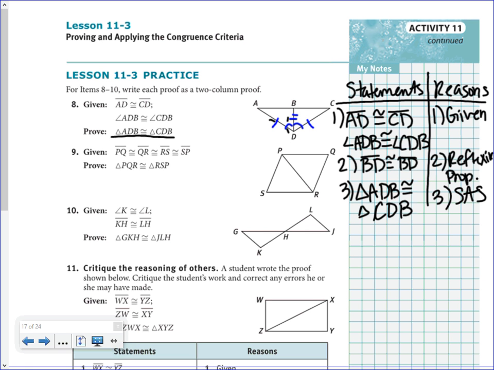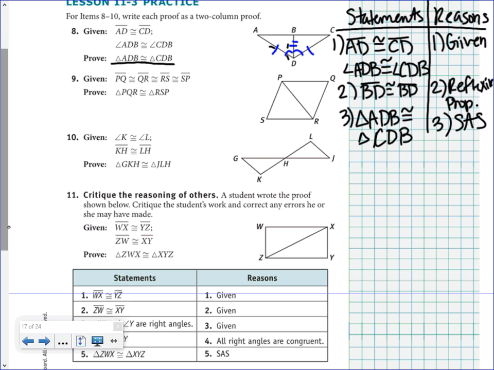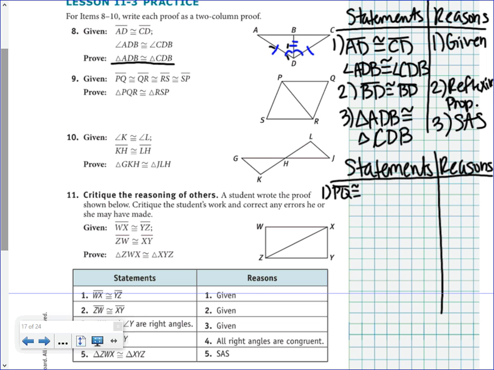So now looking at number 9. We are given these 4 sides are congruent to each other. So when we go to write our 2-column proof, our first statement is going to be that PQ is congruent to QR, which is congruent to RS, which is congruent to SP.